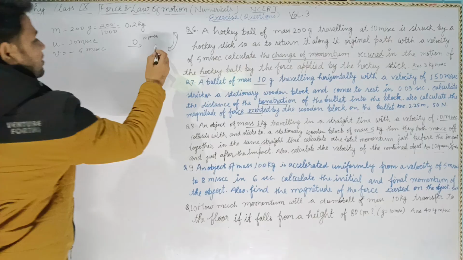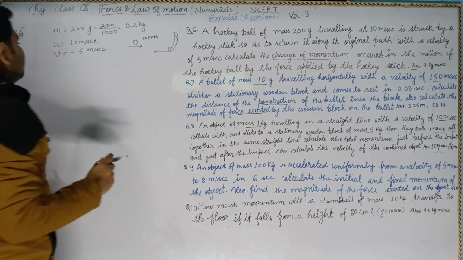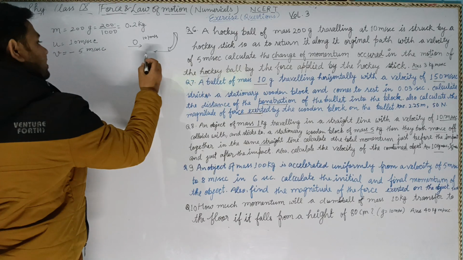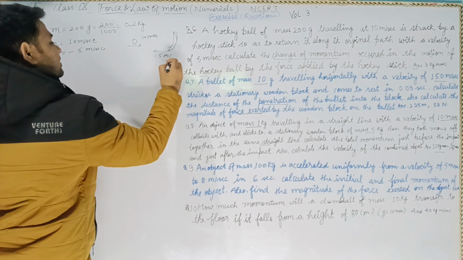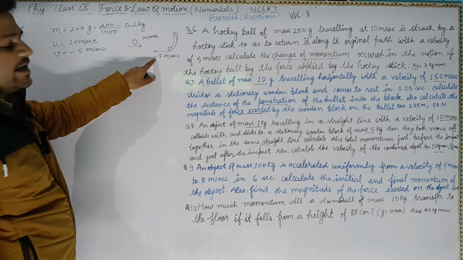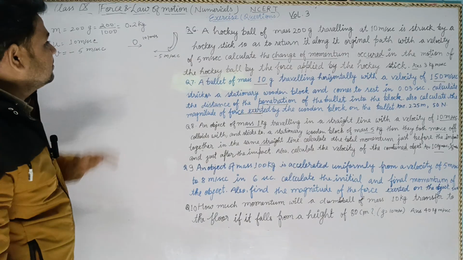When it strikes the hockey stick and goes in the opposite direction, we take the velocity negatively. It is given 5 meter per second. The negative sign indicates the direction of the velocity.